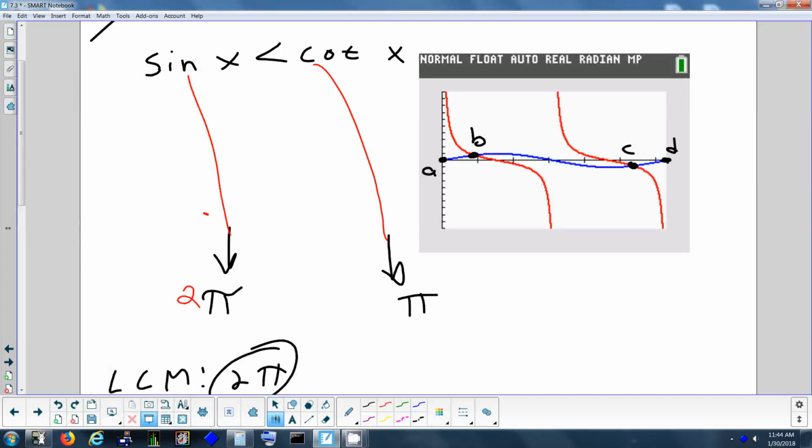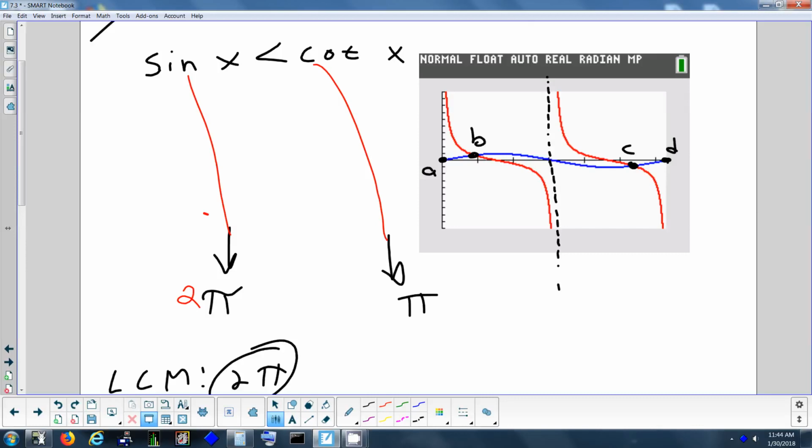Where is the blue graph below the red graph? Where is the first interval that happens? Between B and C, what's happening on the red graph? We have to remember there's something there that the calculator didn't show. There's a vertical asymptote, so that's important.